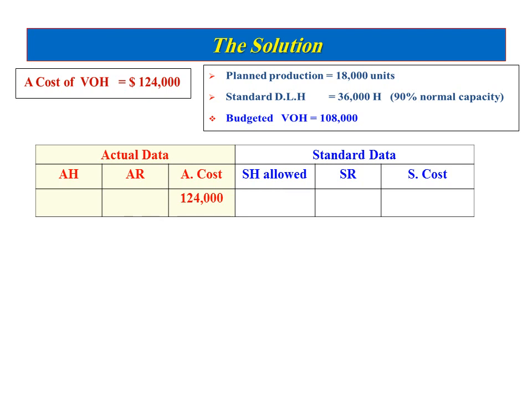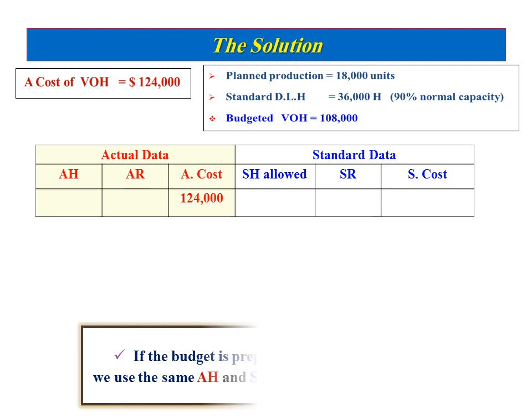I told you, if I prepare my budget, in my previous lectures, if you remember, using direct labor hours, again using direct labor hours, very important, you have to keep this information in your mind, okay?